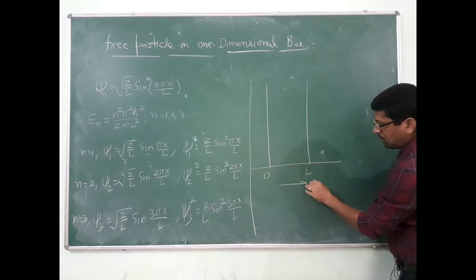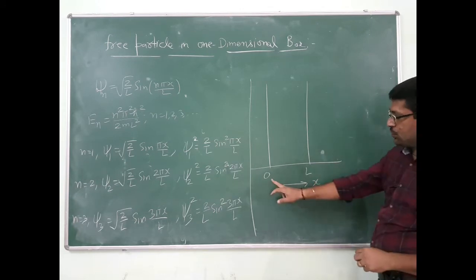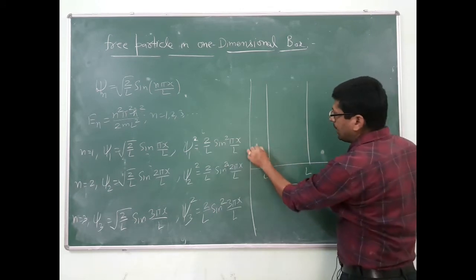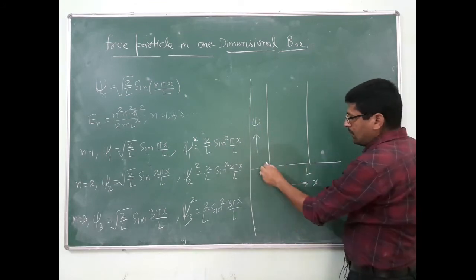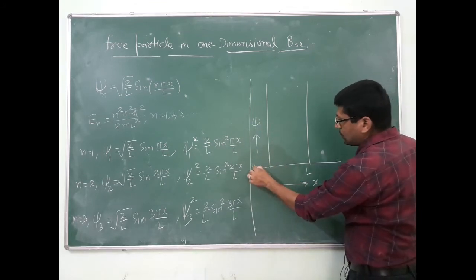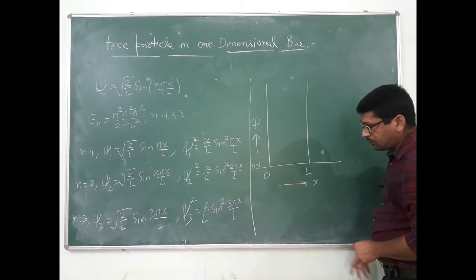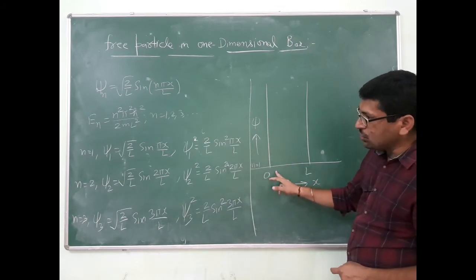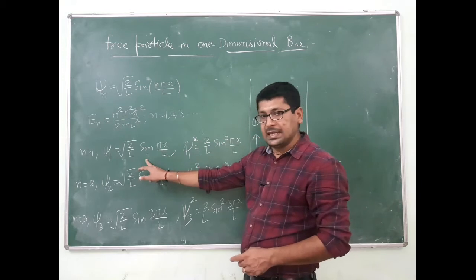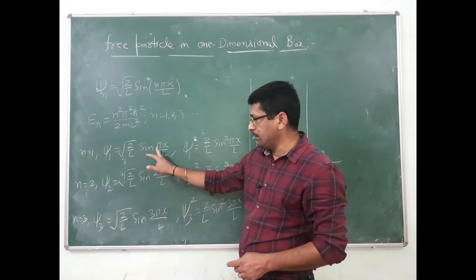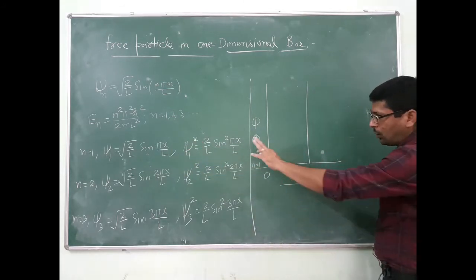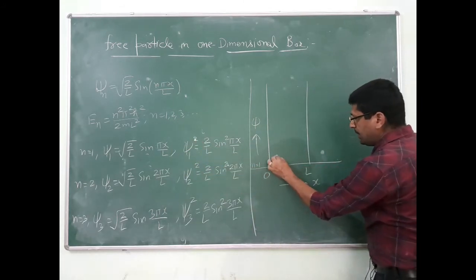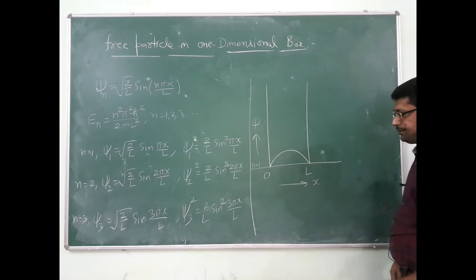This is our box along the x axis, having dimension 0 to L. Along this, we plot the wave function, first for n equals 1, which is square root of 2 by L sine pi x by L, and this we have already plotted. It will look like this.